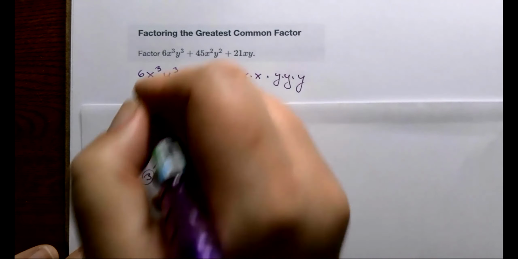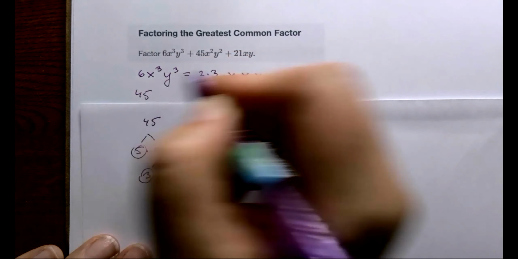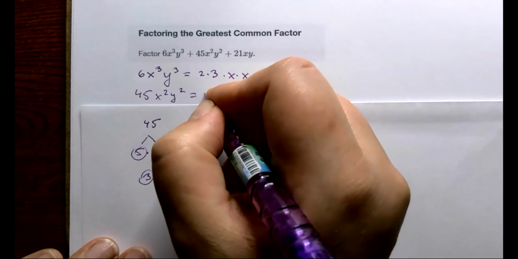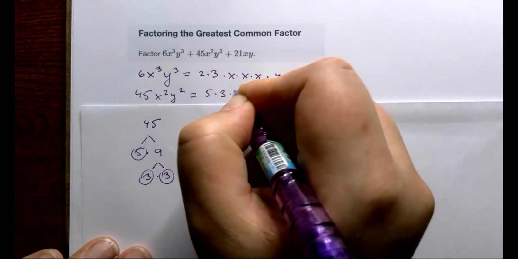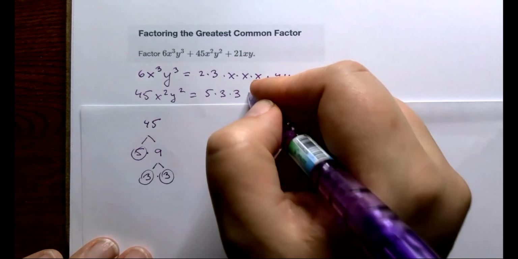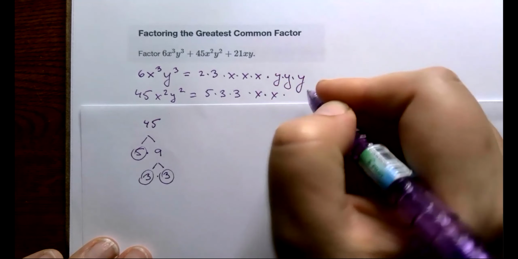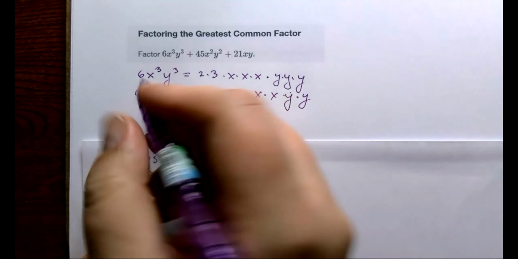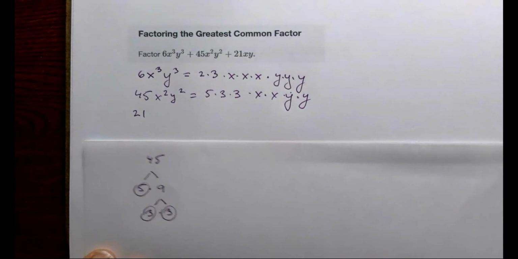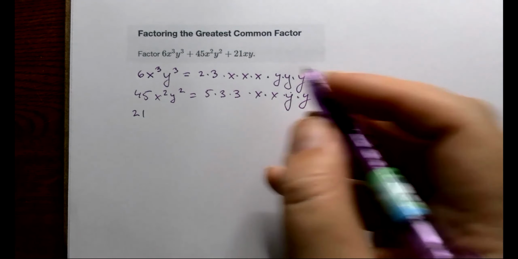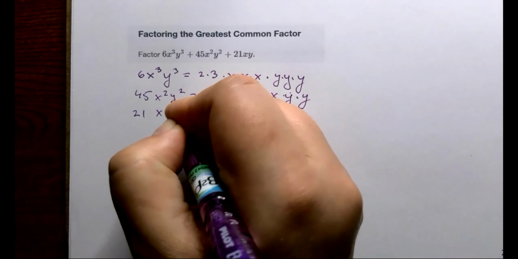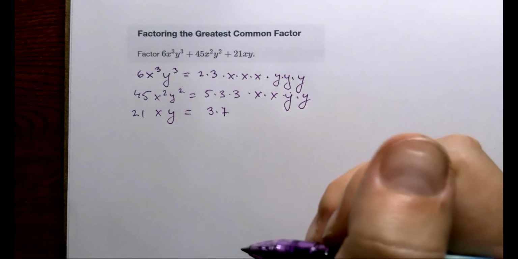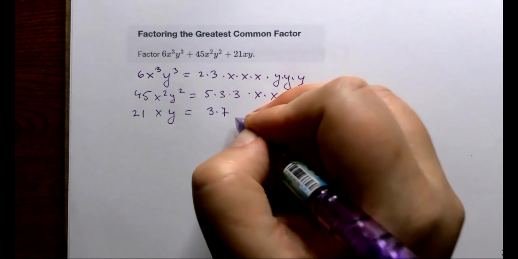And that's what I will write here. So 5, 3, and 3. And what do we have? We have 2 factors of x and 2 factors of y. Now for 21, that's going to be 3 times 7. Both of these are primes, cannot be broken down anymore.